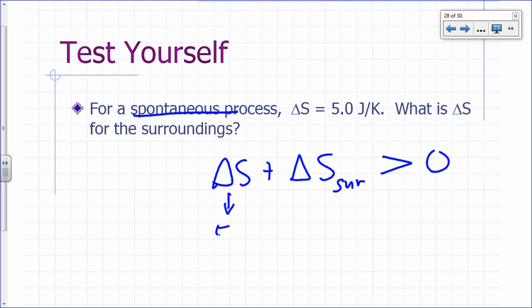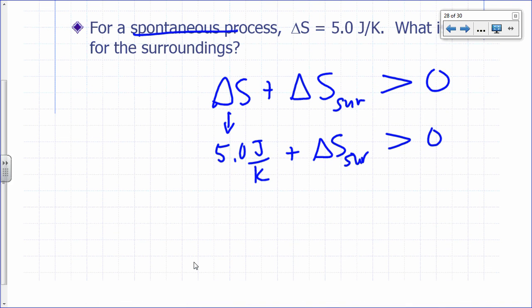So if delta S is 5 joules per Kelvin plus delta S surroundings must be greater than 0, what would be the condition for the delta S surroundings? Delta S surroundings must be greater than negative 5 joules per Kelvin.